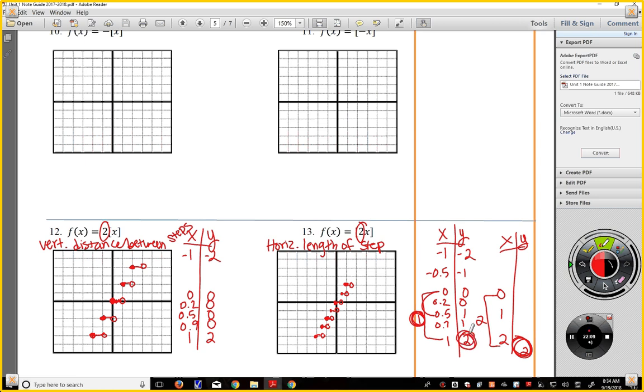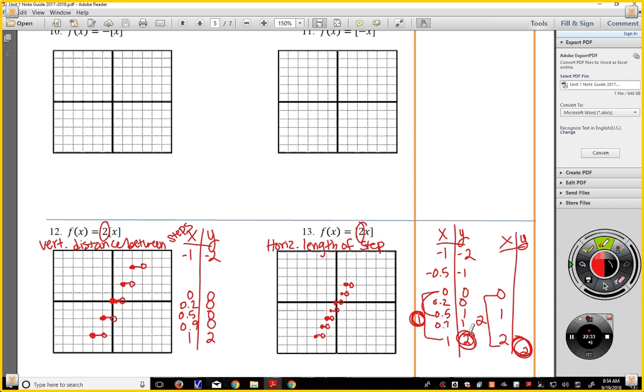Because you're moving twice as fast, it's taking less time to get to that y value, which is making the step shorter horizontally, okay? So we see 2, but we don't actually make our step 2 units long. What is the relationship between the number you're seeing in the equation and the length of the step?